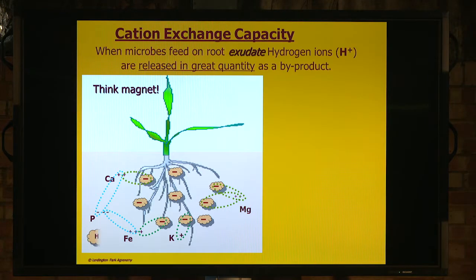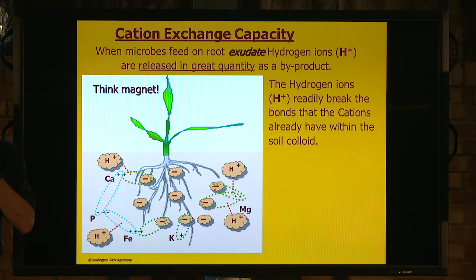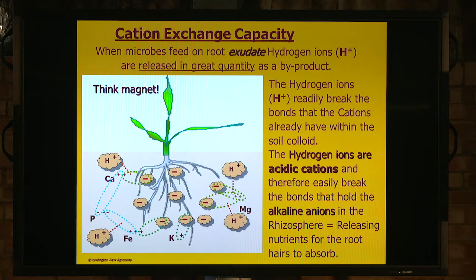So if we take that as our first situation, that's the slide we've got now, but the clever bit of nature, for want of a better expression, is that it's a very symbiotic process. That slime trail that's got the amino acids and sugars in it feeds the microbes. In exchange, the microbes produce hundreds of thousands of millions of hydrogen ions. Yes, they're positively charged, but they're slightly acidic.